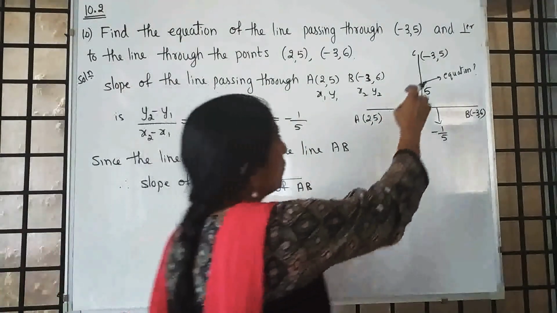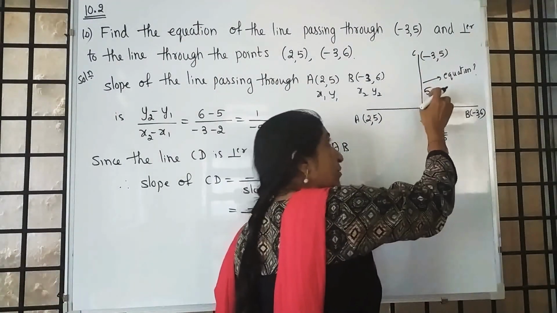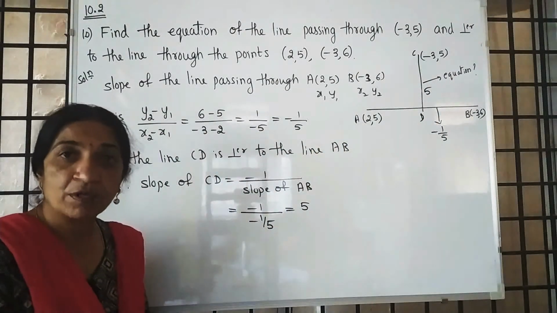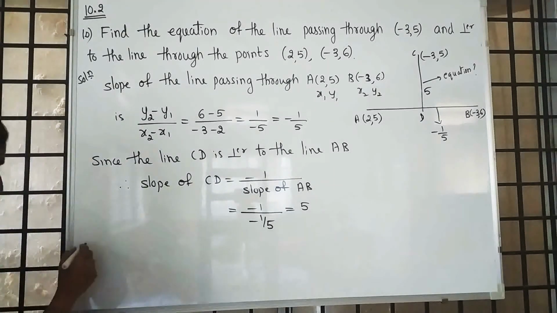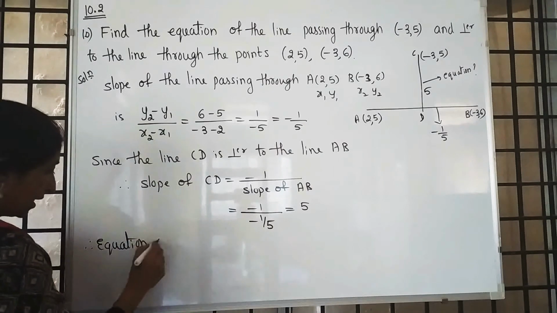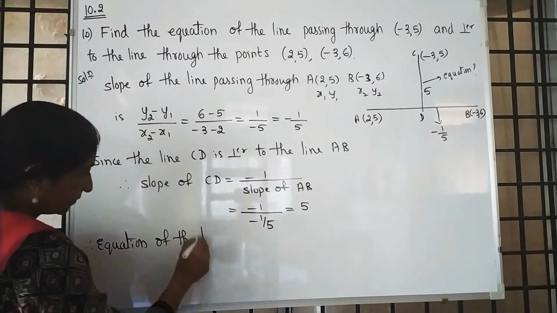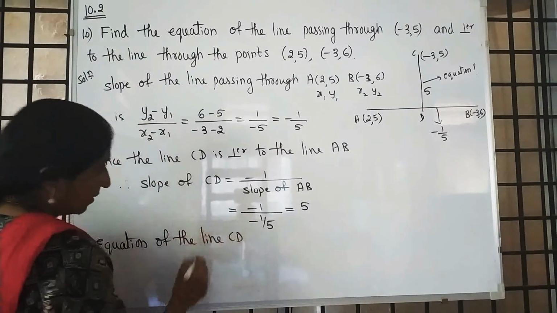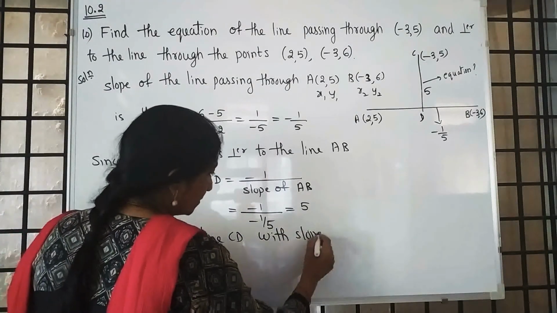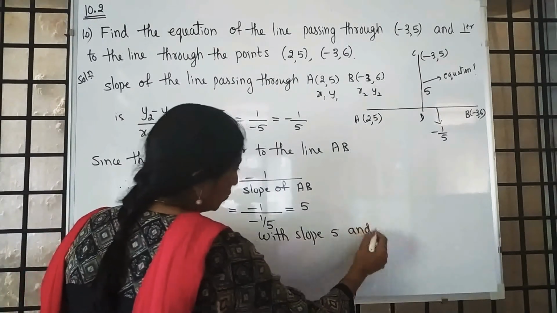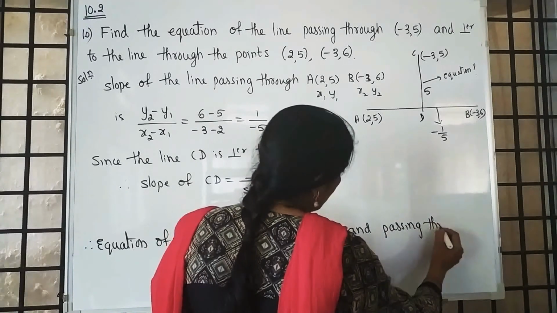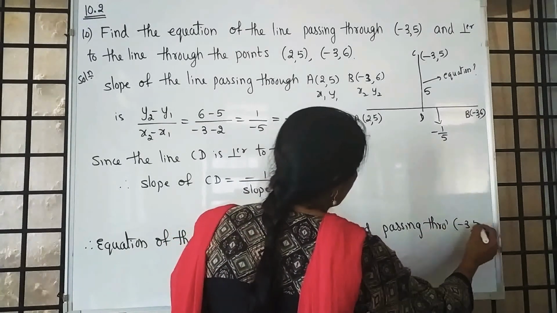Now in the line CD, you know the slope and you know the point. Which formula are we using? You know one point and one slope, that means the point slope formula. Therefore, equation of the line CD with slope 5 and passing through minus 3, 5.